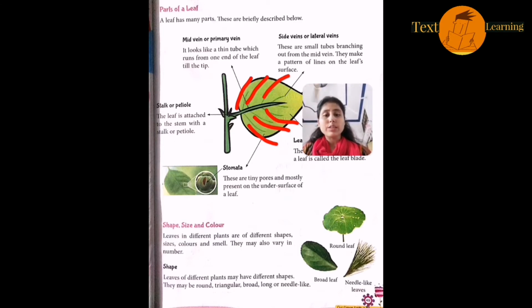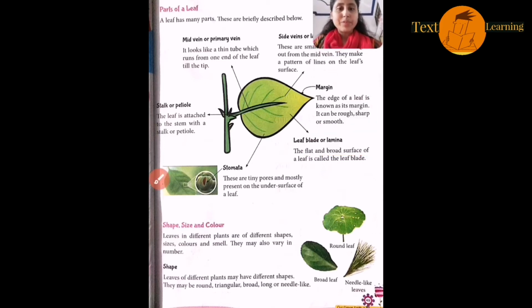Okay, now next part of a leaf is the margin. What is margin? The edge of a leaf is known as its margin. It can be rough, sharp or smooth. This is the edge of the leaf; this is the margin.